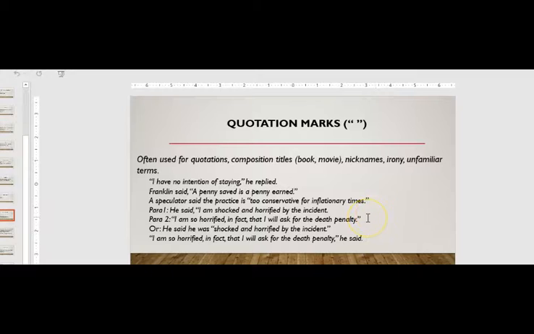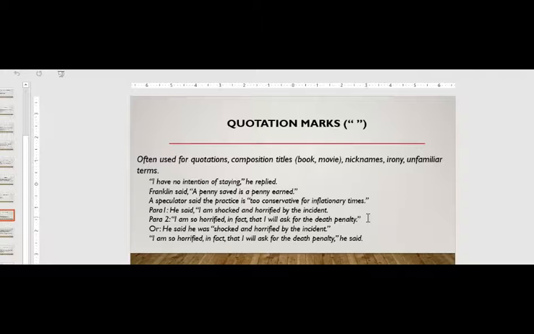In the first paragraph, he said, "I'm shocked and horrified by the incident," and there's no end quote. In the second paragraph, however, you do start the next paragraph with a quote mark: "I am so horrified, in fact, that I will ask for the death penalty," and an end quote. So the key here that was asked: do you need a quotation mark at the end of the first paragraph, where you're going straight from one part of the quote to another part of the quote?